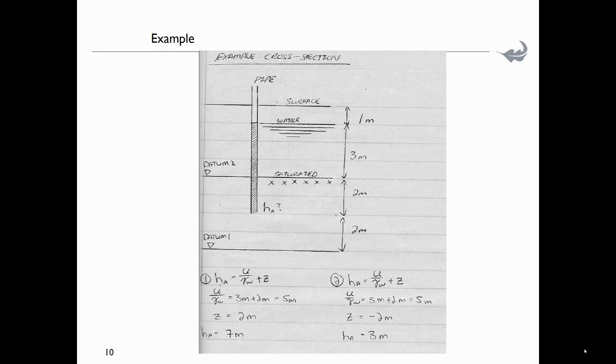Whereas in the second case, if the datum is placed at level 2, then you have the same conditions. U over gamma water is still 5 meters, but your Z is now, the end of the pipe is minus 2 meters below datum 2, and therefore the total head in this case is only 3 meters.